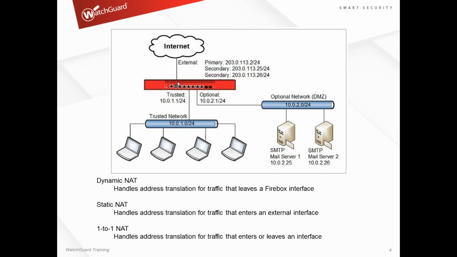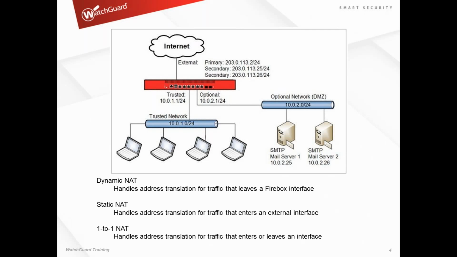So whether it's that you're publishing a mail server that we have here, or maybe it's that you're publishing a website, any traffic that's going to come from your external to internal is going to be handled by a static NAT entry. Now, if neither of those fit the bill, we want to have a more flexible scenario.